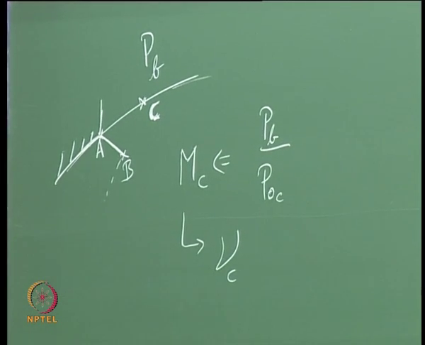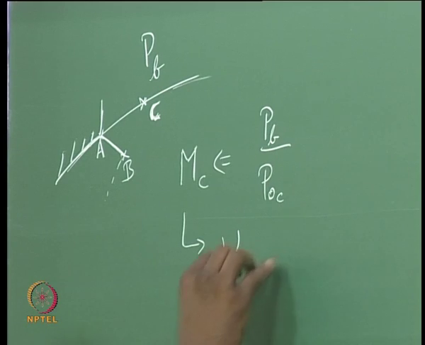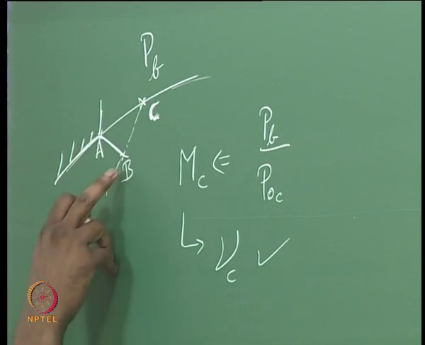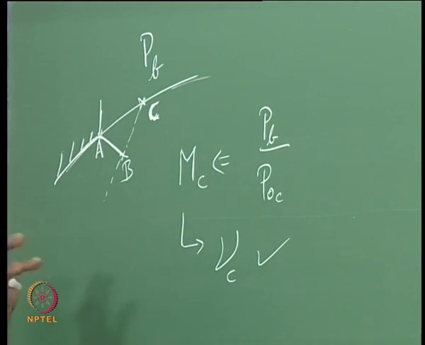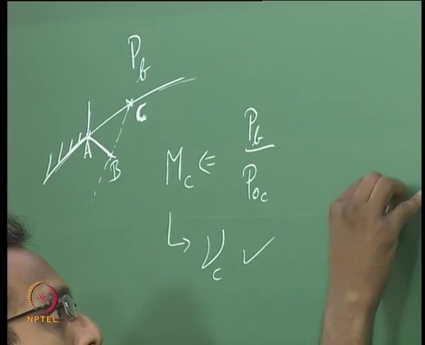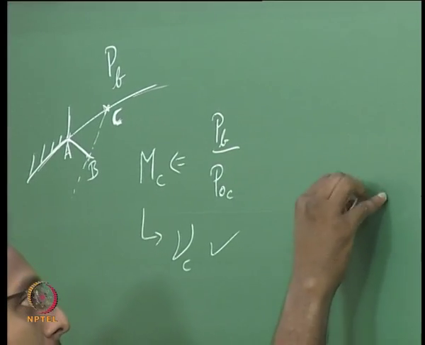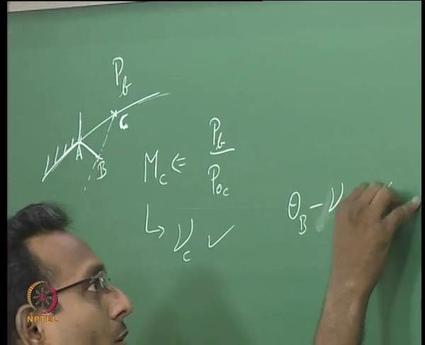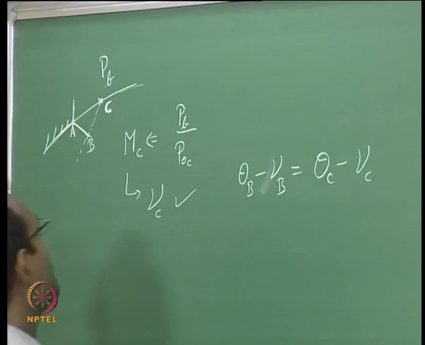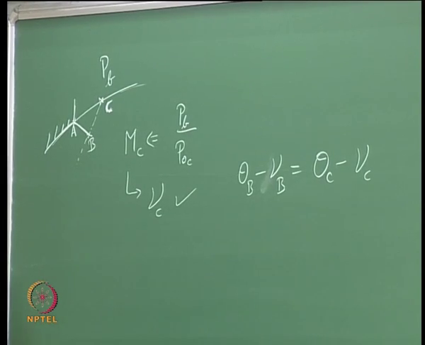Once you know nu at C, the remaining thing is simple. I am going to send a positive characteristic from B towards C. So I will have theta B minus nu B equal to theta C minus nu C. Positive characteristic, it will be a difference, right.